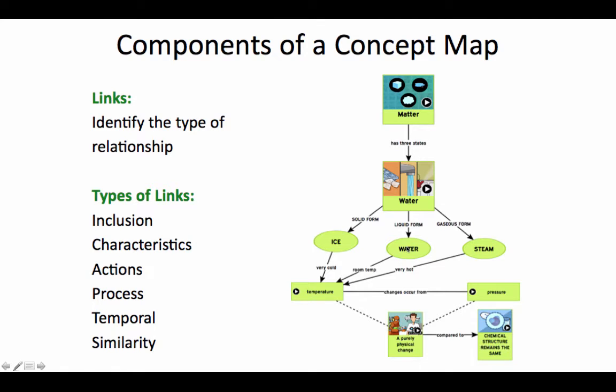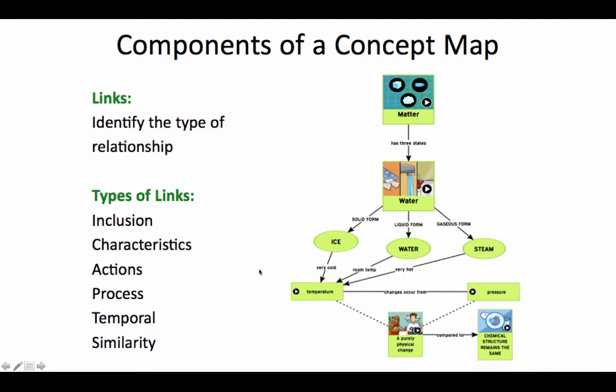Which form the water will take will depend on the temperature. This is also related, as we know from chemistry, to the pressure. And we also know that this is purely a physical change and that the chemical structure of the water remains the same. It's still H2O, just the molecules are connected to each other in a very different way. So this is a very simple one.